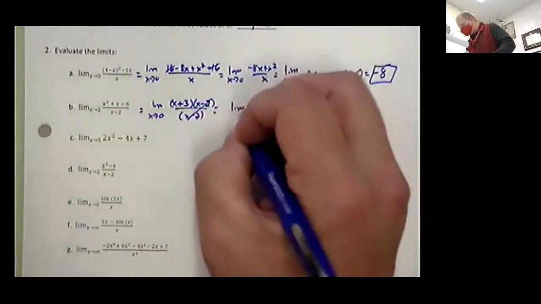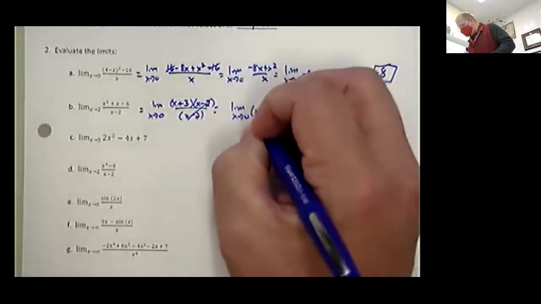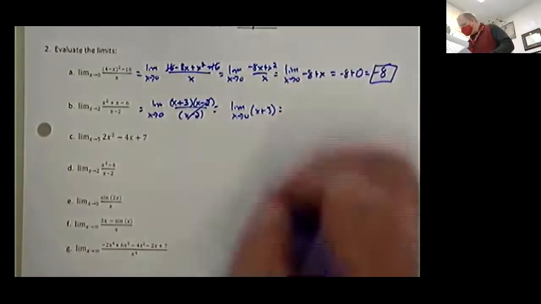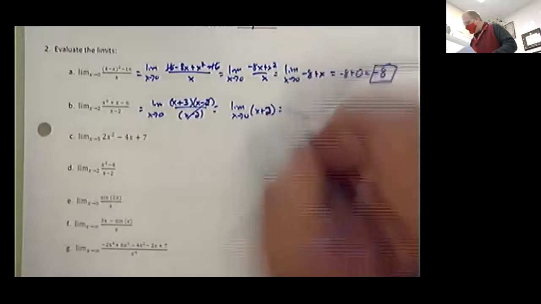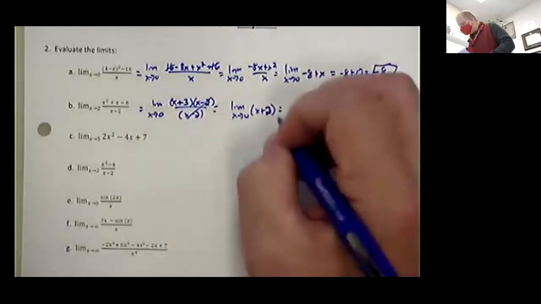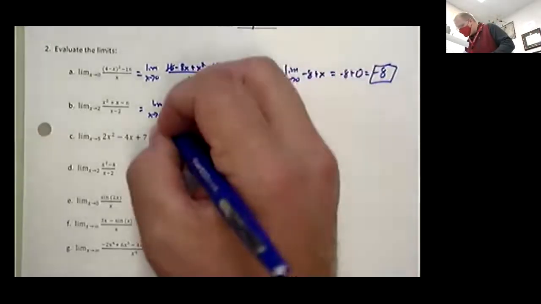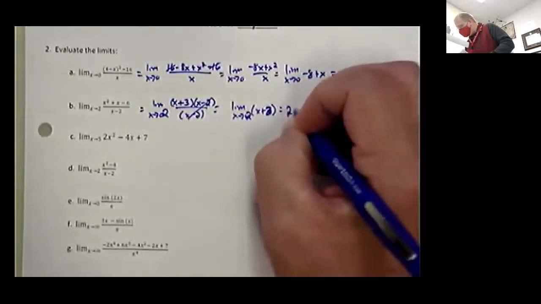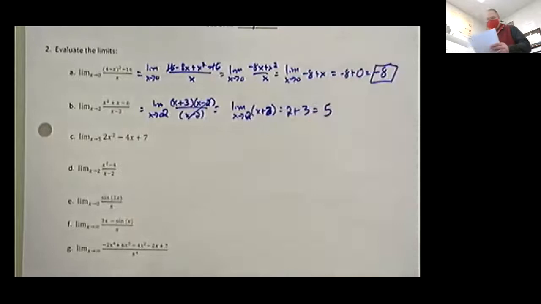Therefore, we have the limit as x goes to 2 of x plus 3. That's 2 plus 3, which is 5.